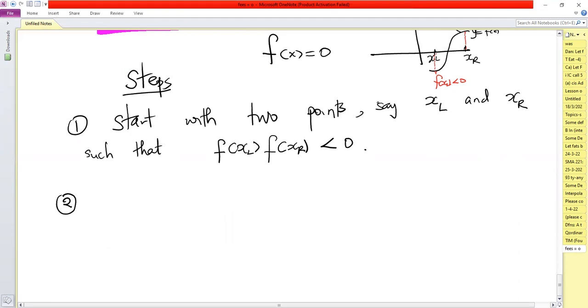Step 2. From these 2 values, the first condition is satisfied.